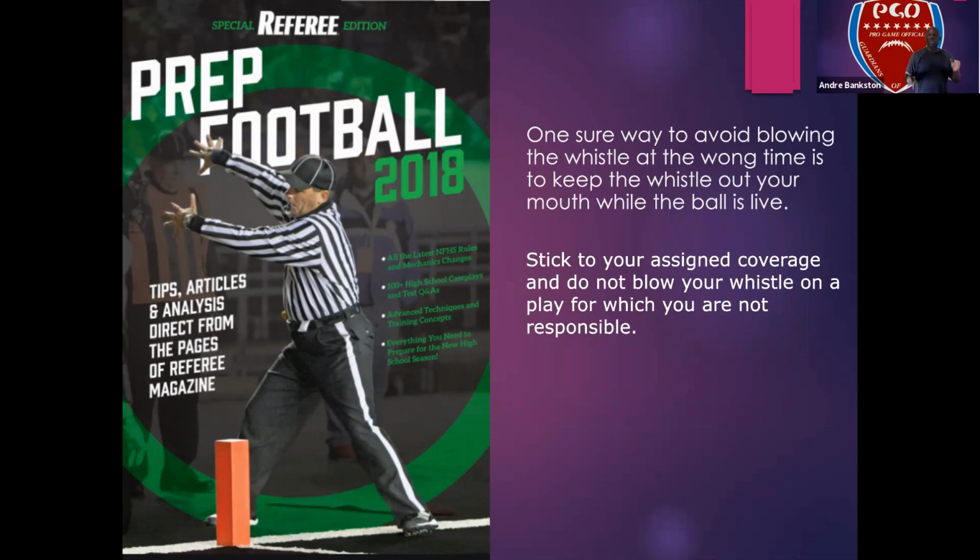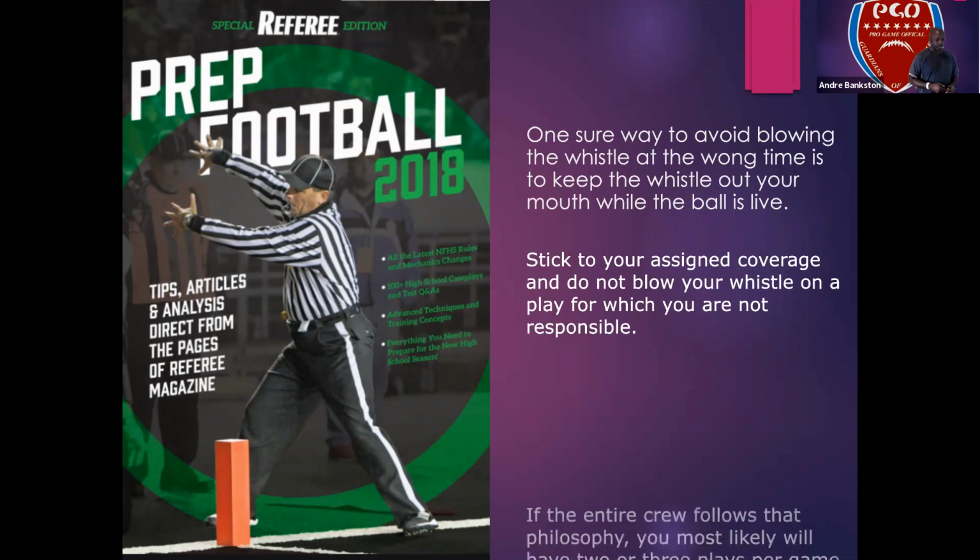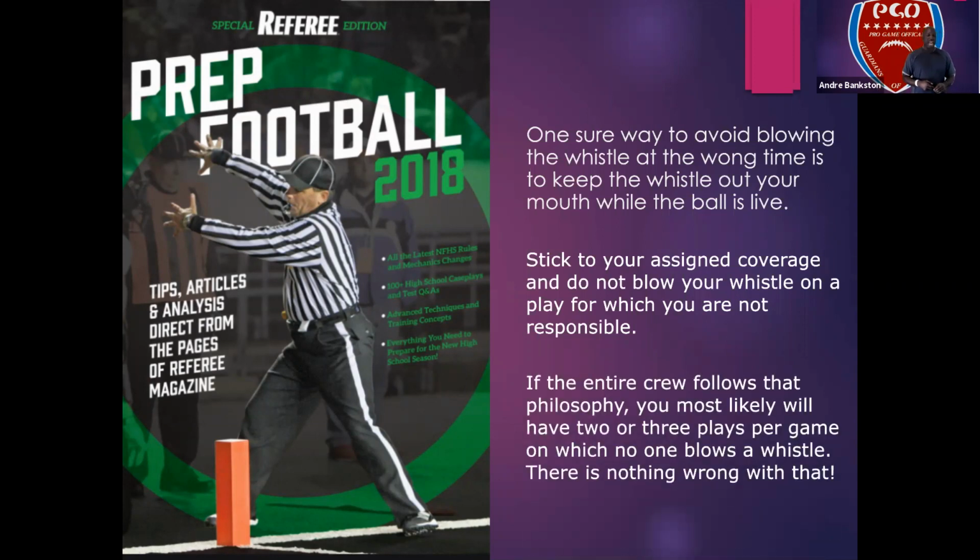You're not watching the ball, you're watching players. So you should definitely not be blowing your whistle if the ball is not in your coverage area. If the entire crew follows that philosophy, you most likely will have two or three plays per game on which no one blows a whistle, and there is nothing wrong with that.